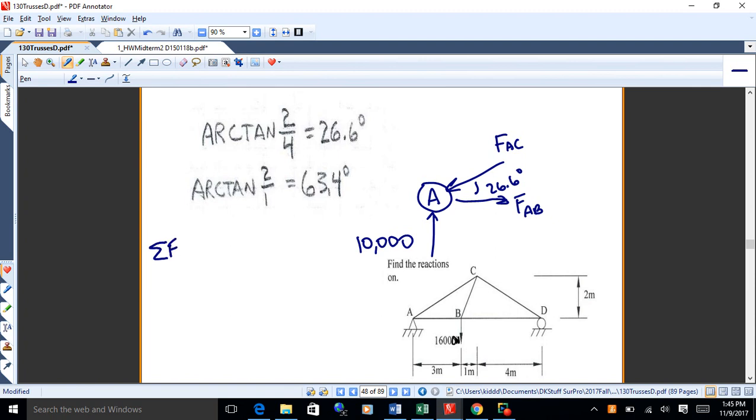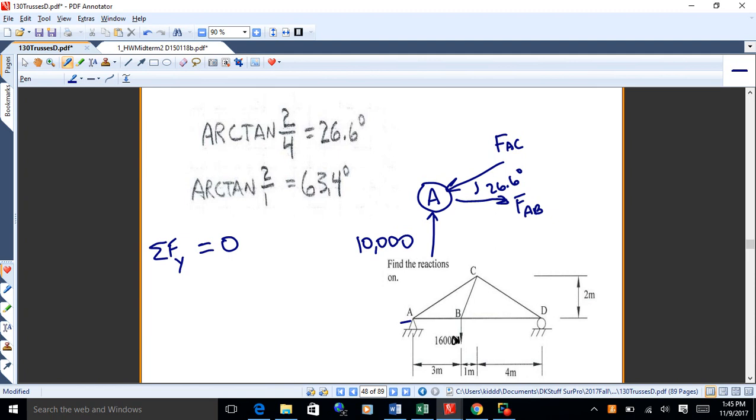And then sum of F. What are we going to start with on this one? Probably Y. Yeah, start with Y because you only got one Y unknown. You got 2 X unknowns, but you only got one Y unknown. Okay, so do that first, get FAC.